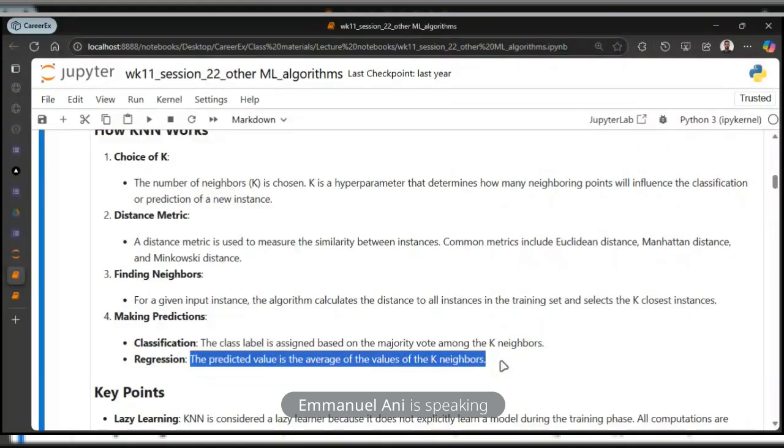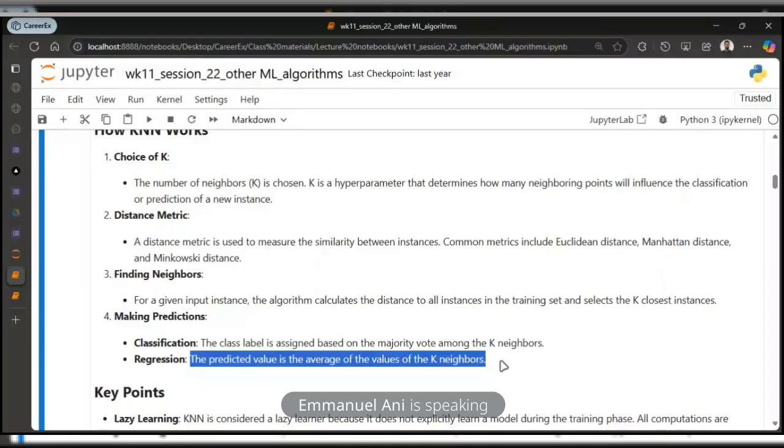So when we talk about hyperparameters, we'll see how to actually train our model based on different values of k. So we'll train a model when our k equals 3, train a model when our k equals 4, 5, 6, 7. For each of those k, we're going to get a model performance, and then from there we can see, okay, this k is the one that will give us the best performance, and then we can select this k.